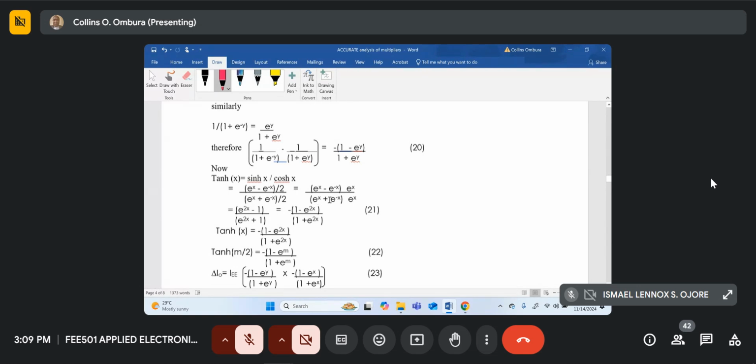And in the denominator, we are going to get e to the 2x plus 1 again. So you get this equation over here. And then I'll just rearrange it. The numerator can be written as minus into brackets 1 plus e to the 2x.